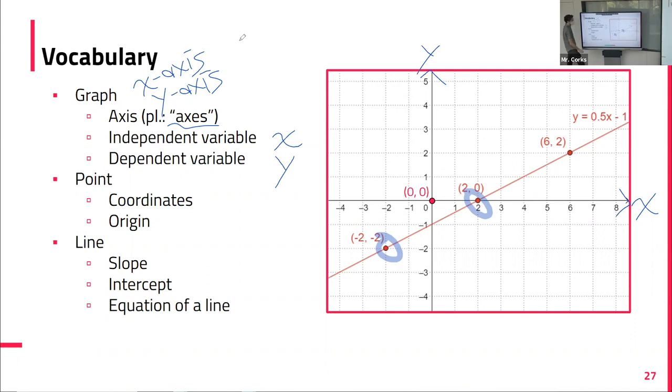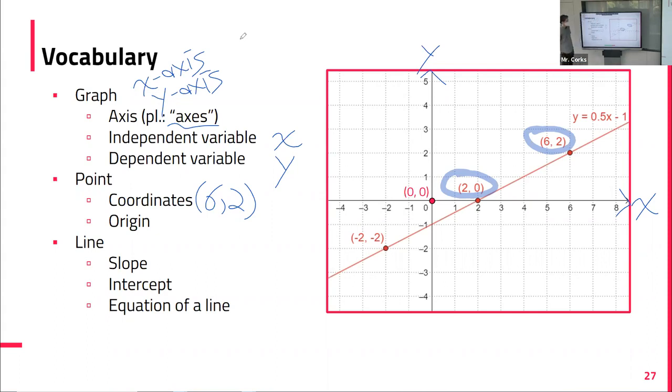Okay, points. A point is a point. That's not very hard, but the coordinates are these number pairs here. So all of these are coordinates, like 6, 2. It's a coordinate because it is a pair. They are just the numbers that tell us the locations. So this point here, 6, 2.